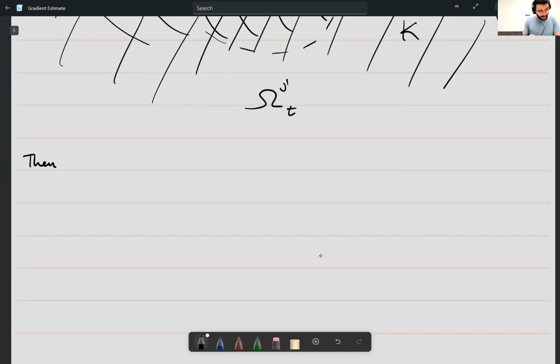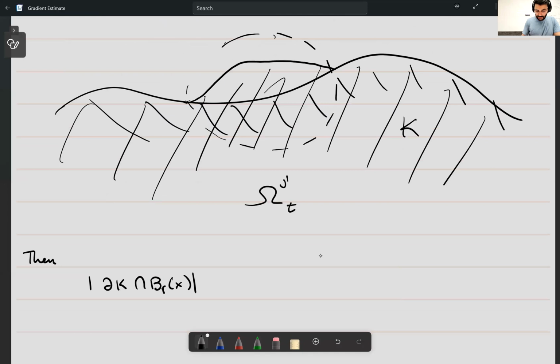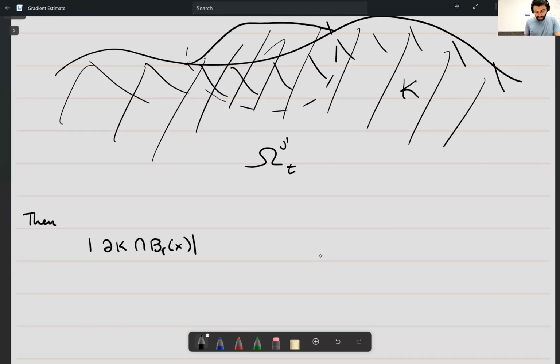Then this quantity, the area of the boundary of K in this set here, minus the area of M_J^T intersect B_R(X), is greater than or equal to 0.